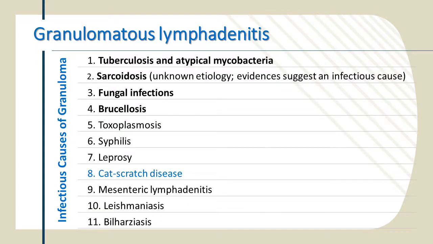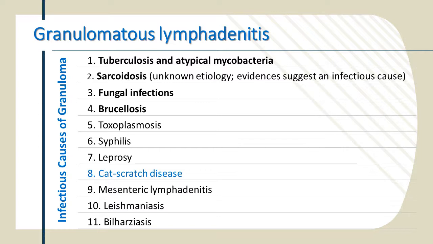There are various types of infections that may cause granuloma in lymph nodes, and these are tuberculosis, sarcoidosis, fungal infections, brucellosis, toxoplasmosis, syphilis, leprosy, cat scratch disease, mesenteric lymphadenitis, leishmaniasis, as well as bilharziasis.